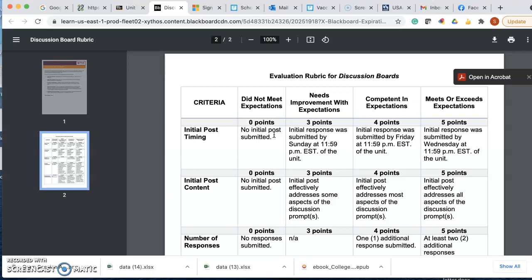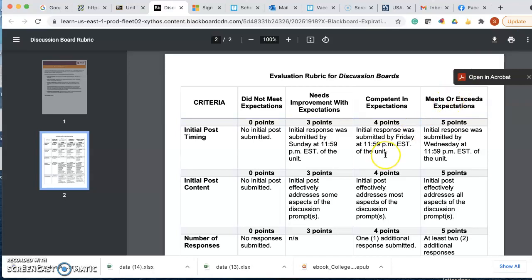So for example, our unit today opens on Monday. If you don't at least respond by Sunday, you lose kind of the equivalent of 20 points basically on your discussion board. So I encourage you to participate in the unit during the unit time frame.